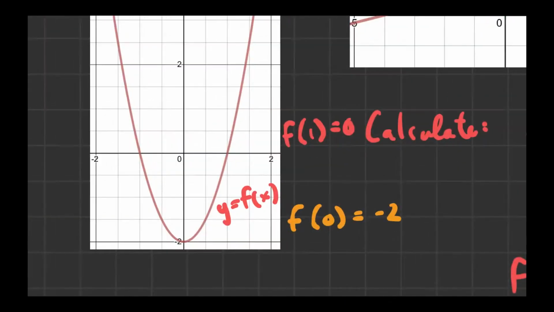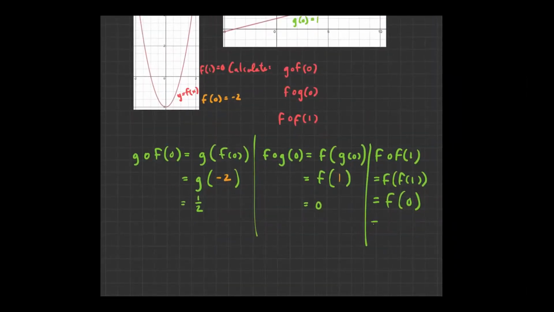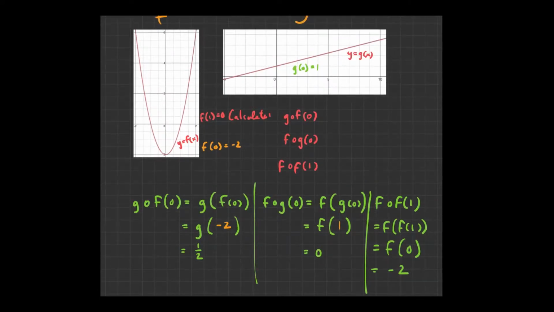And f of 0, going back, is what we already figured out. It's negative 2. So that's equal to negative 2. Okay, so that's pretty much all there is to it. There are definitely some challenges that we may face when working through some of these problems, but that's the gist of composing functions.